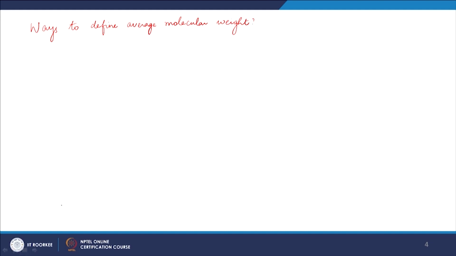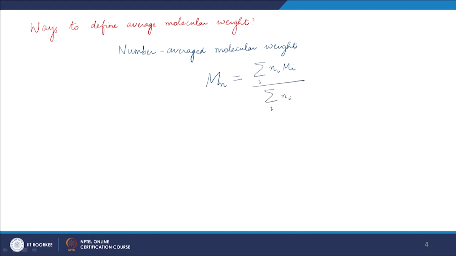So, there is something called a number averaged molecular weight, which is defined as something like this, where Ni is the number of chains with molecular weight Mi. Okay.